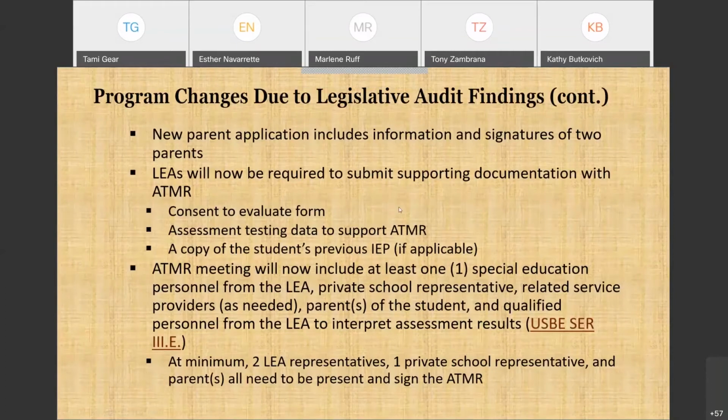So maybe parents are homeschooling him half the day and they're in the private school half the day. I am not sure how that works, and Tony, can you answer that one? That would be Tony to answer that one.